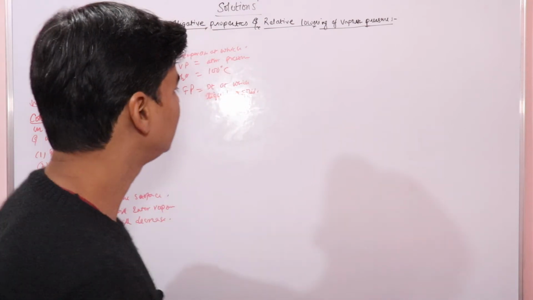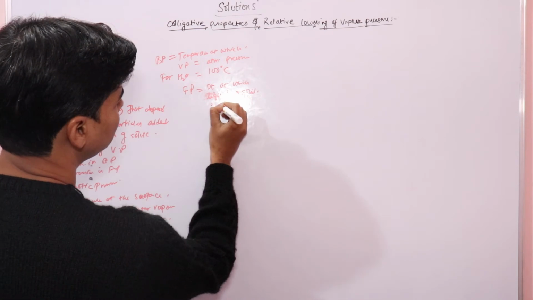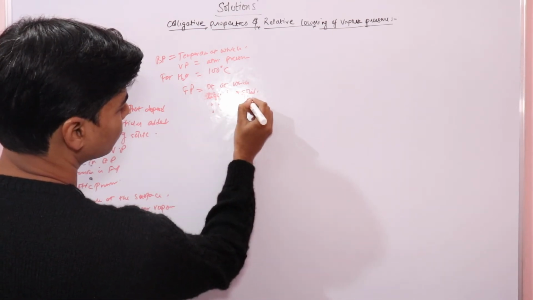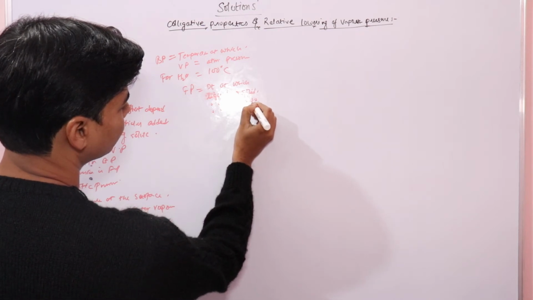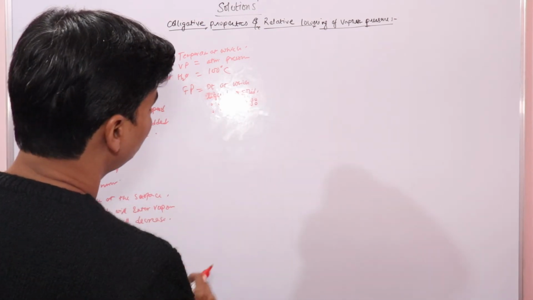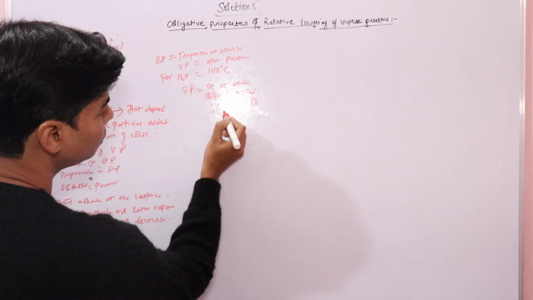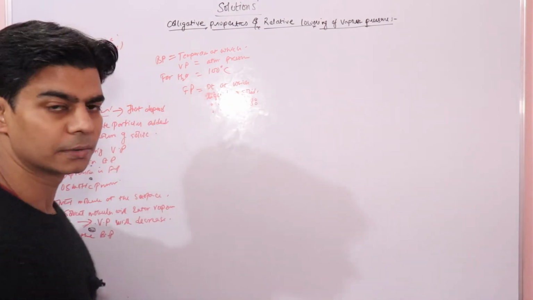Suppose these are the molecules of liquid, so the molecules of solid would be close like this. So when liquid changes into solid, these molecules have to come close to one another.